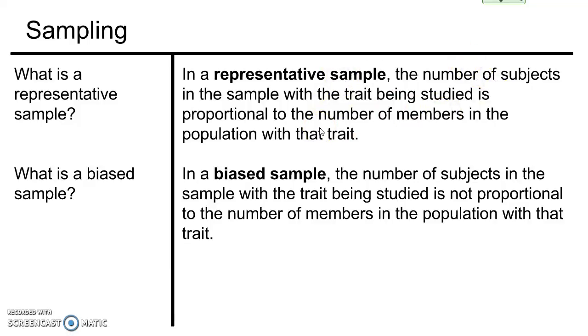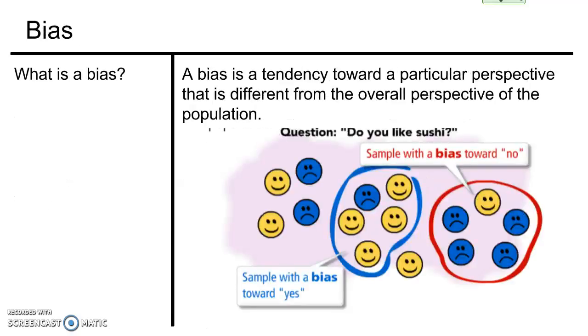You can set up a proportion with the numbers of the sample that would represent the numbers in the population. In a biased sample, the number of subjects is not proportional. Remember that bias means a tendency toward a particular perspective that is different from the overall perspective of the population. It is not a random sample if it's biased.